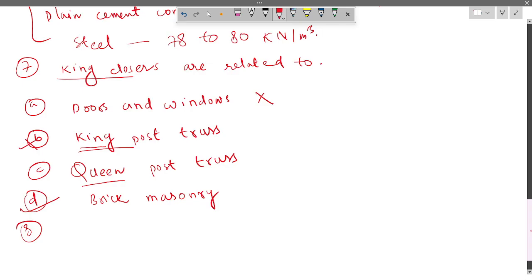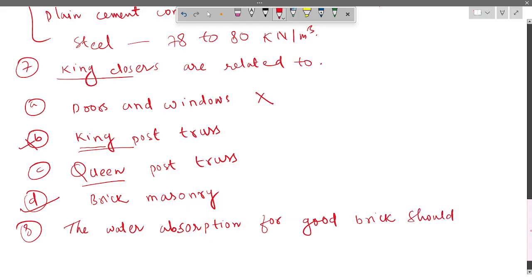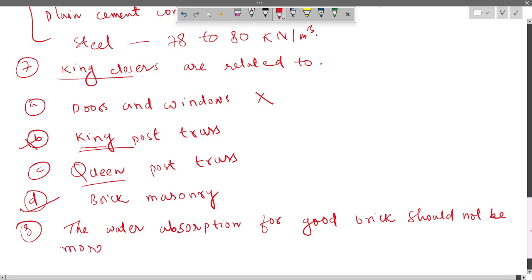Now question number 8. The water absorption for good bricks should not be more than. Very easy. The water absorption for good brick should not be more than, what will be the answer?